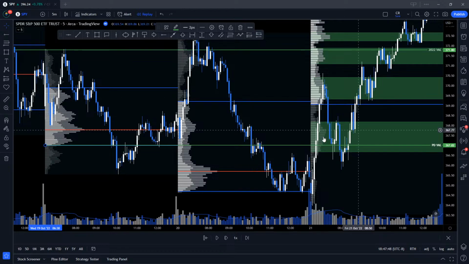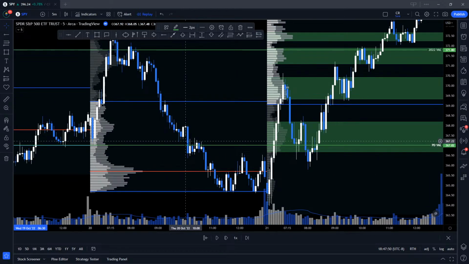Price breaks through here, right? And I'm looking for 3 candles to close inside. This is what we were talking about at the beginning. So here's my first candle closes, second, third. And so now I'm looking for the retest of this level, which I got on this candle here.